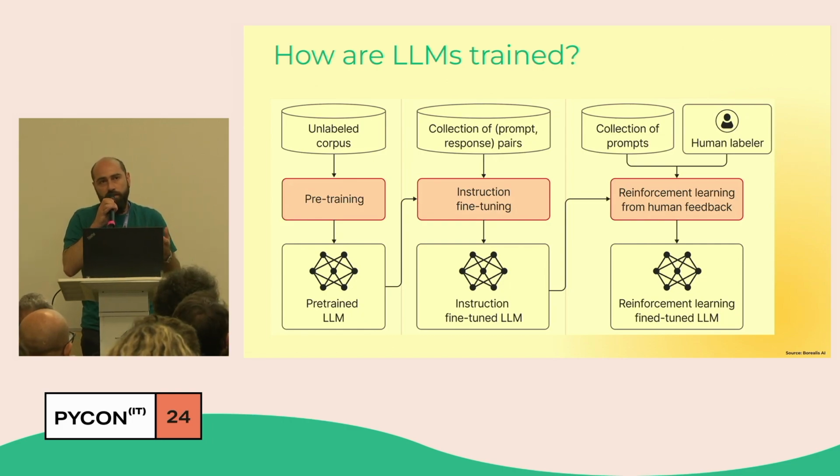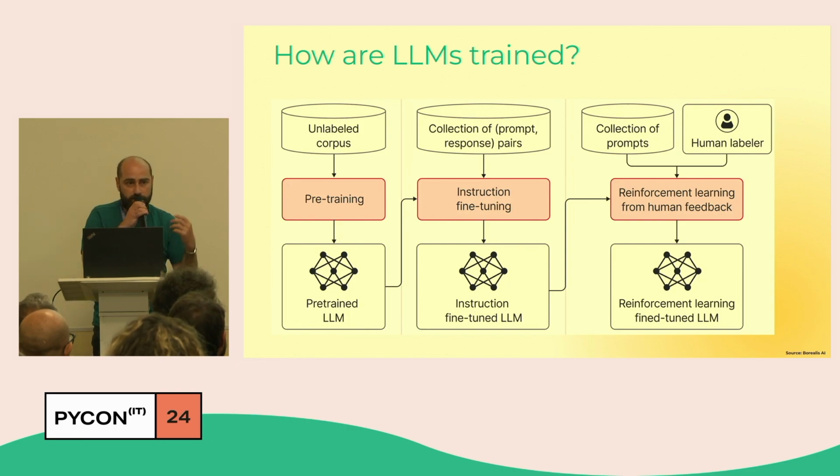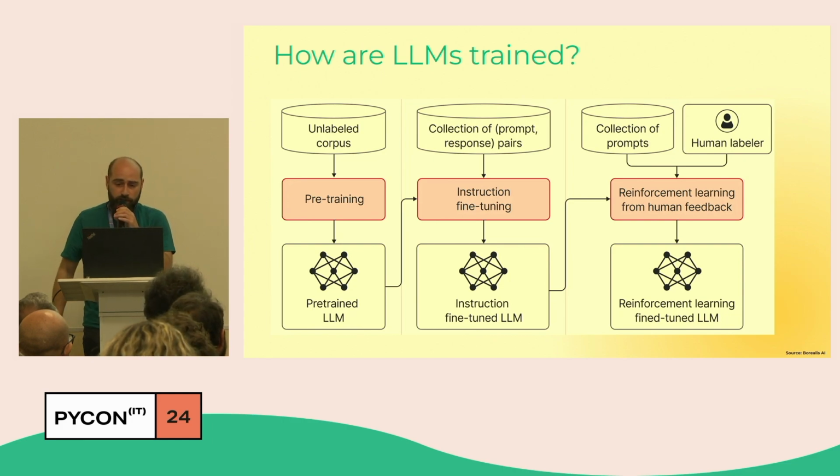The supervised fine-tuning. In this case, we generally train the model on a collection of instructions or multi-turn interactions. During this phase, the model learns to follow instructions or to chat. And the last but very important phase is the preference alignment.